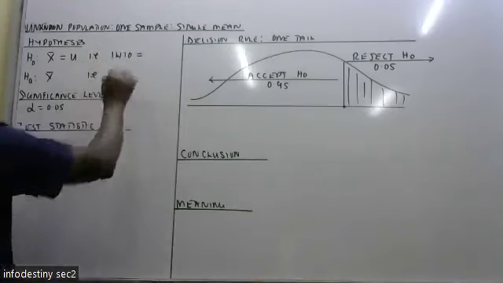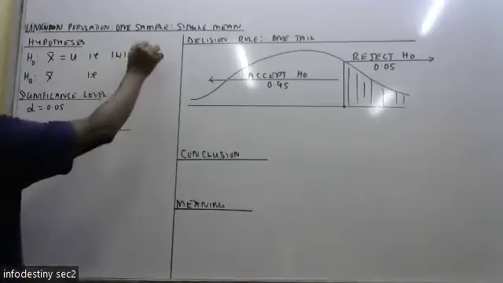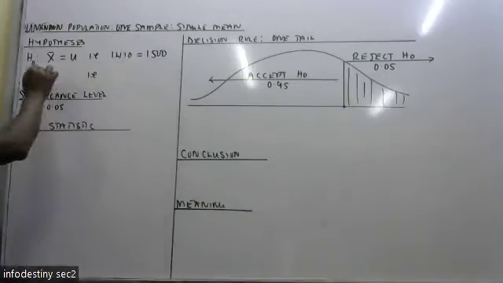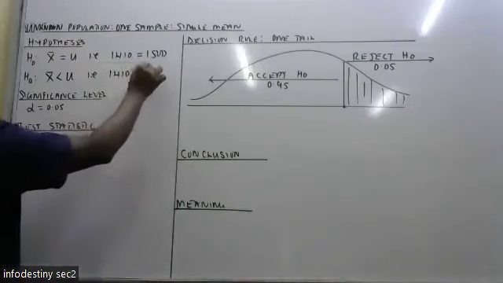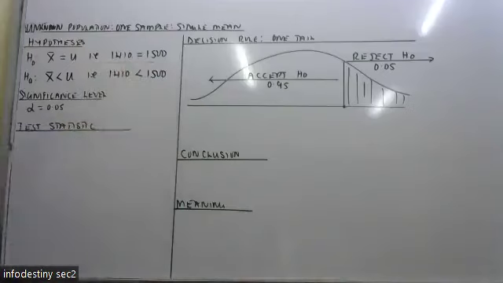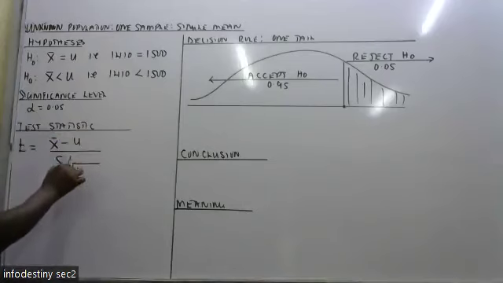1410. Now the population should have what? 1,500. So then this one will be saying that 1410 is less than 1,500. So this formula we use T, which is given as X bar minus mu divided by S divided by the root of N minus 1.